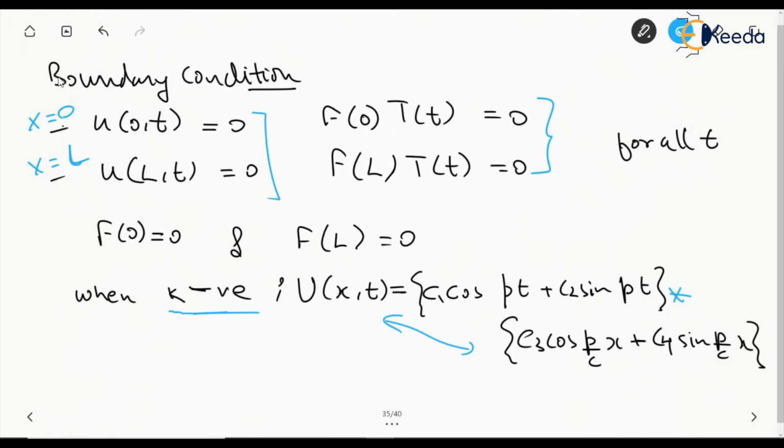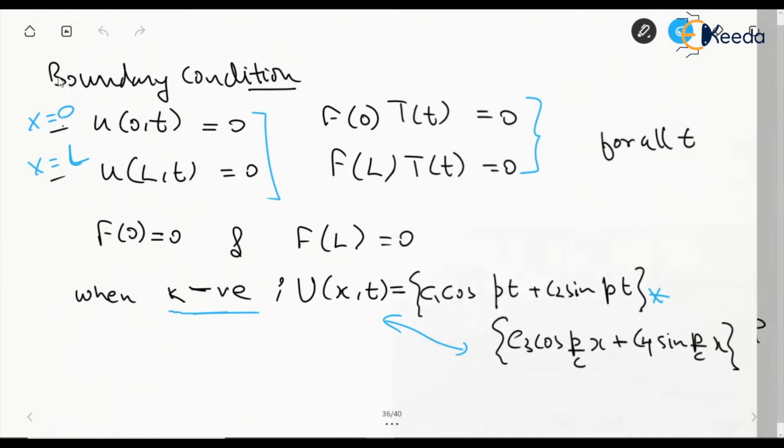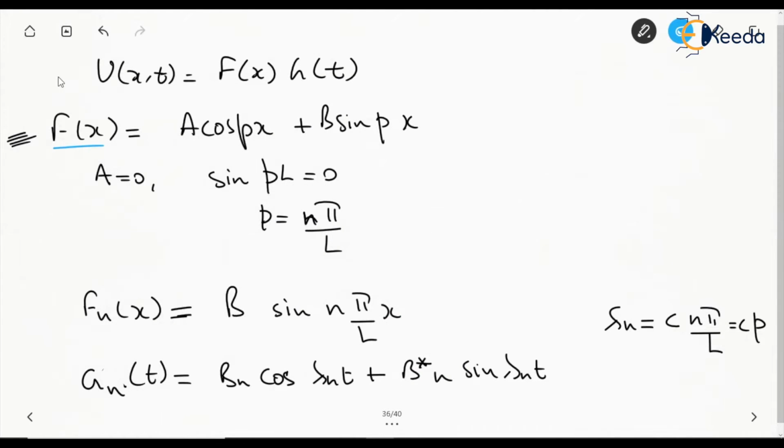The initial condition has to be 0, because of which we will get the function f of x into h of t, going to be of this format. The form is a cos px plus b sin px, right? This is coming because of k being negative, so you have to remember this. And for meeting the conditions, a is going to be 0 and p is going to be n pi by L. So ultimately this F_n comes out to be this value, right?